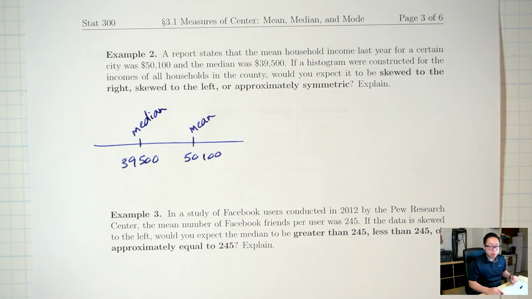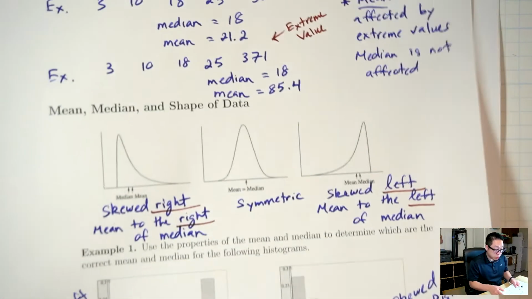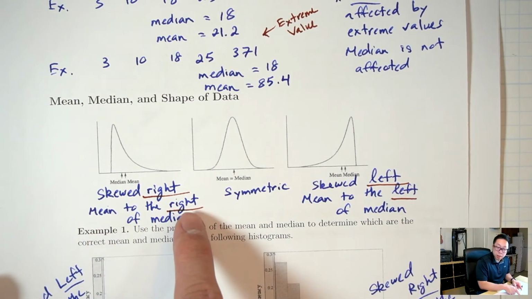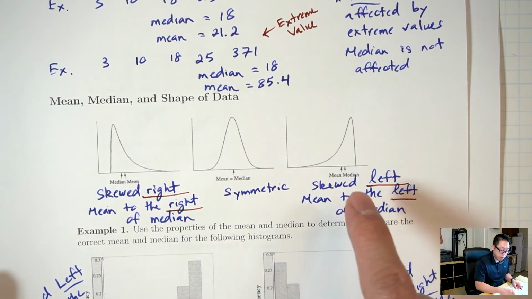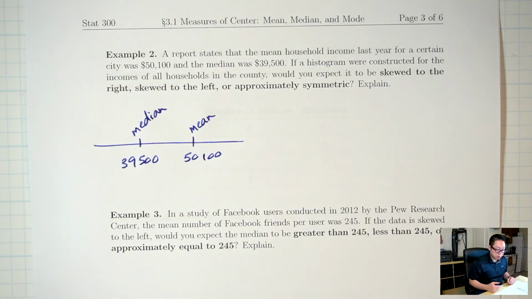And now the question is: is this skewed left, skewed right, or symmetric? So we take a look at what we just talked about. If it's skewed right, the mean is going to be to the right of the median. If it's skewed left, the mean is going to be to the left of the median. So where's the mean? Is the mean to the left or to the right?